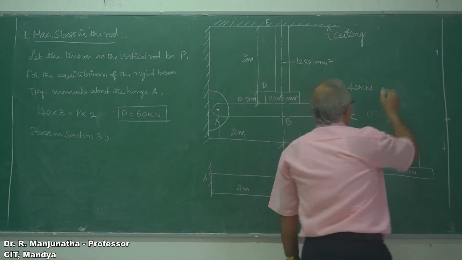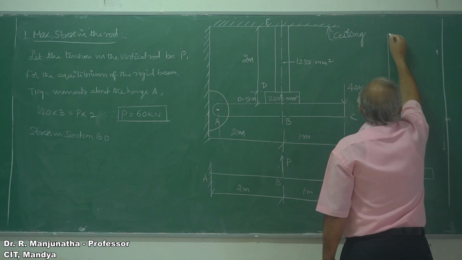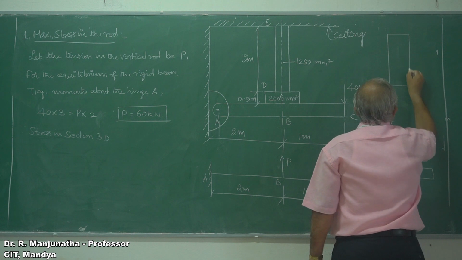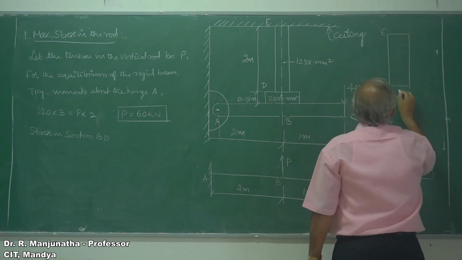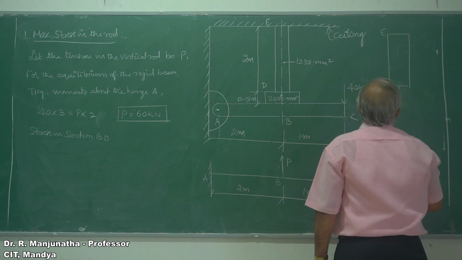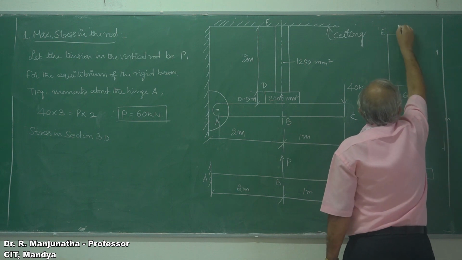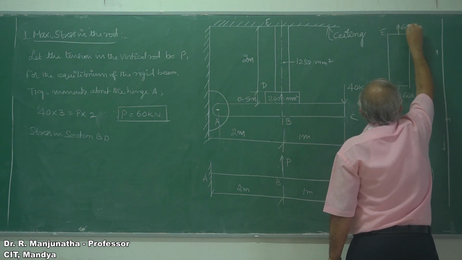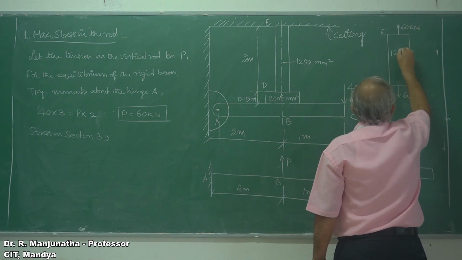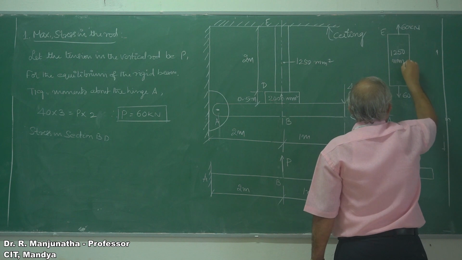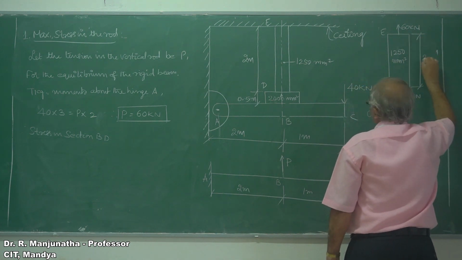Similarly, on this member we have the cross section of D and E. Again we have a tensile load acting at this point, which is 60 kilonewton, and this side will also be equal to 60 kilonewton, wherein the area of cross section is 1250 mm square, and the member length is 2 meters.